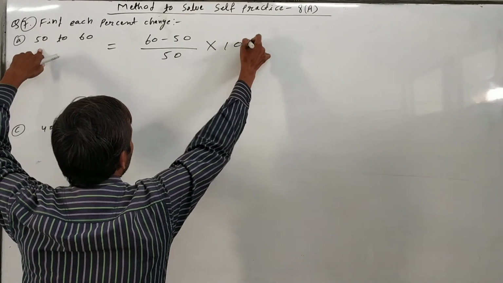For that we have to use this. First of all we have to find the difference, so 60 minus 50. And we have to find the percentage with respect to 50, the original number. This one is the original number, so the original number will come below and multiply by 100.